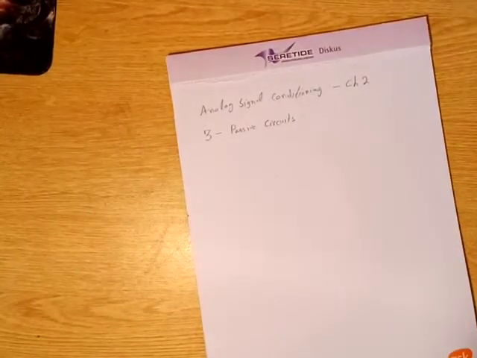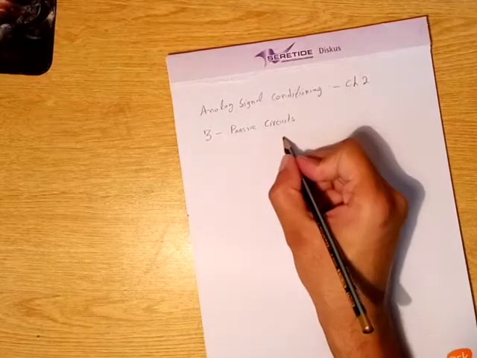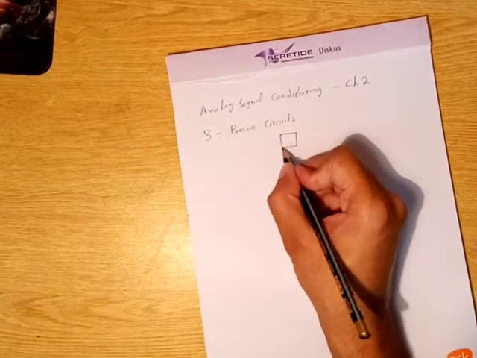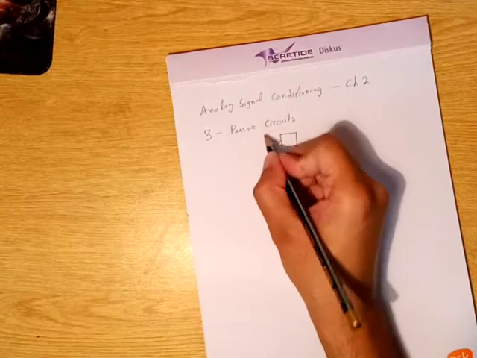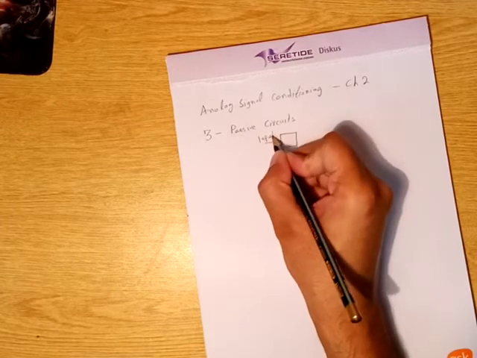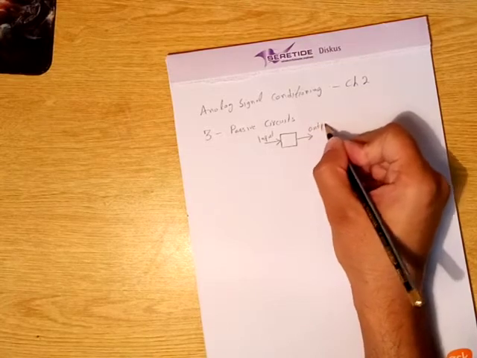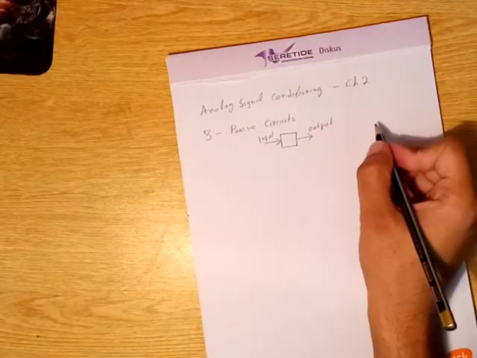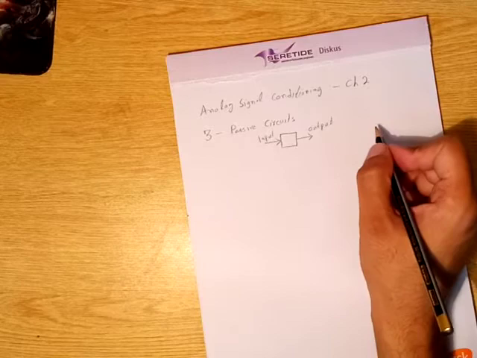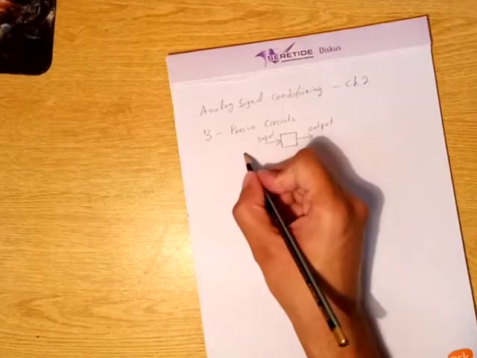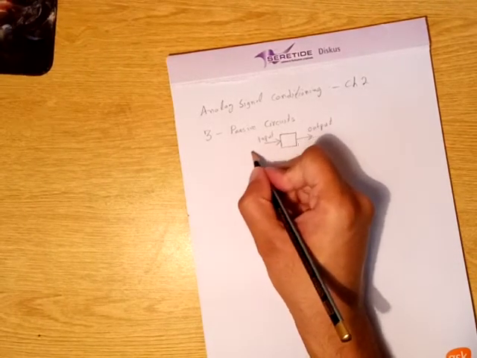Okay, analog signal conditioning. As we know, signal conditioning is a black box in which we give an input and that input is converted into the output, and that output is interfaceable with our requirements. ये एक certain voltage है, एक certain signal है, ठीक है.